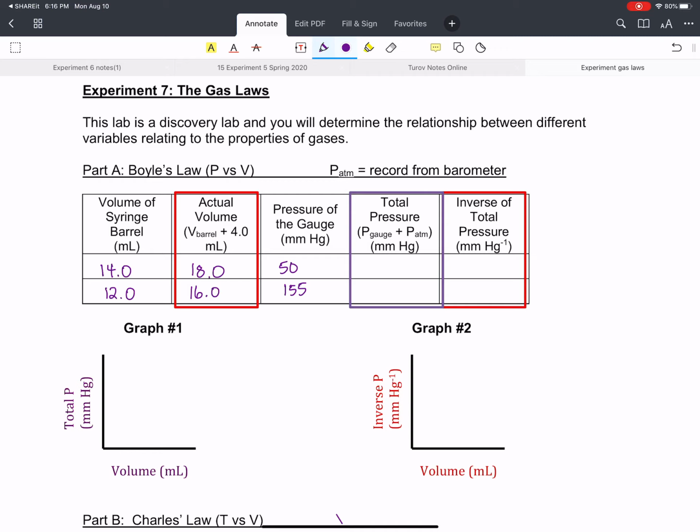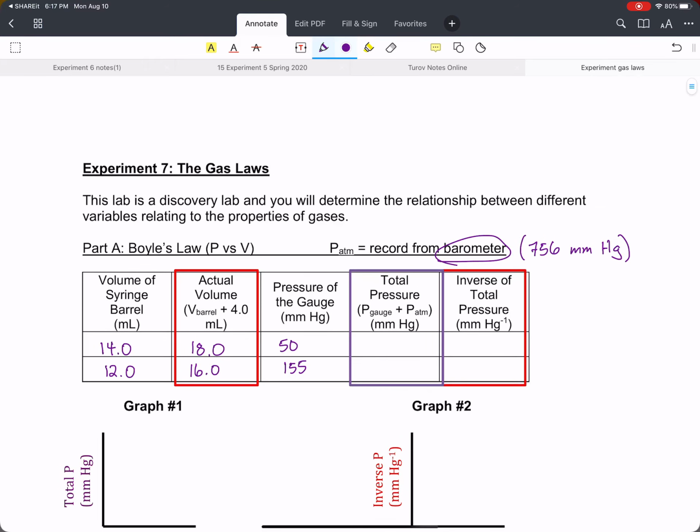So for this experiment, we're going to use a value of 756 millimeters of mercury. It's recorded from a barometer, which measures atmospheric pressure in lab. So here, 756 plus 50 is 806 millimeters of mercury, and 155 plus 756 is 911 millimeters of mercury.